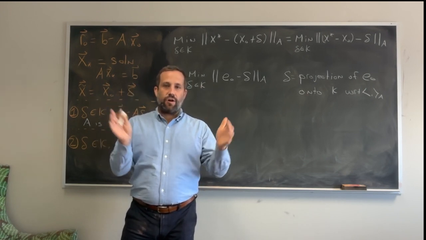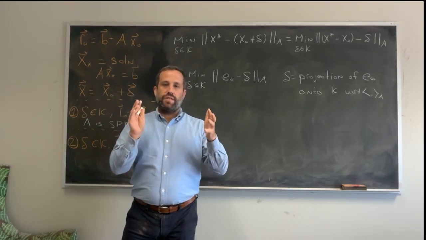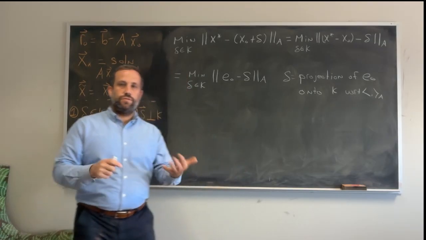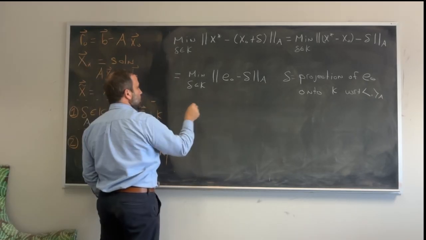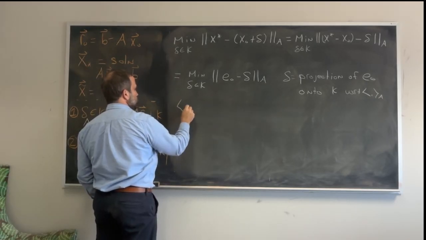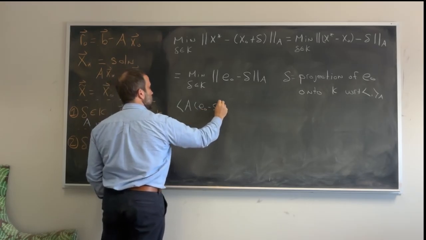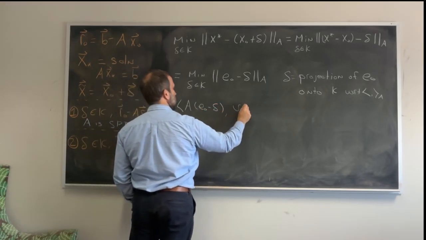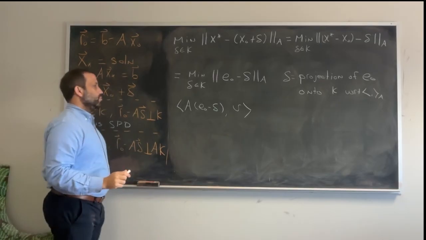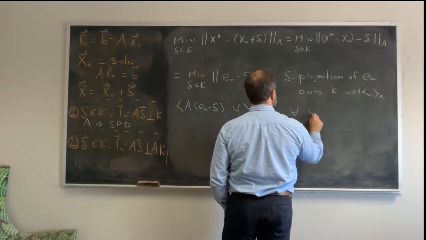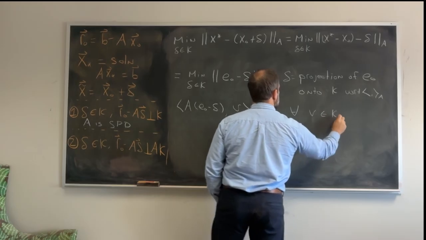So if the error is smaller, then your guess plus the error is going to be closer to the actual thing. Again, what this means is that the inner product of A times E naught minus delta with V is equal to 0 for all V in K.